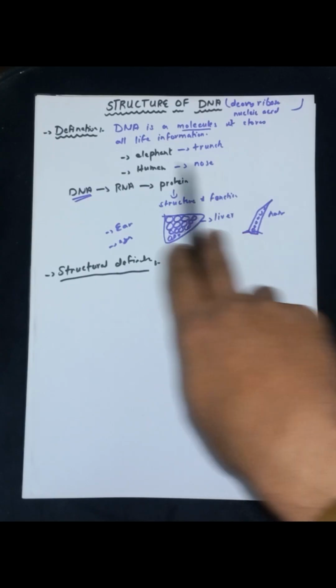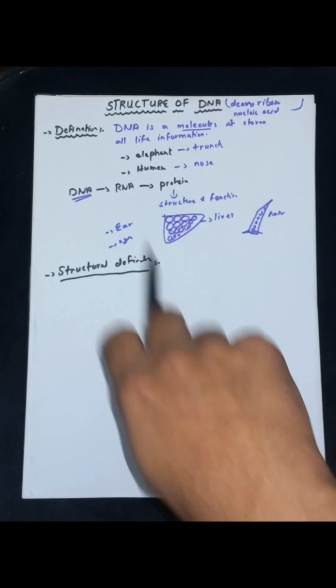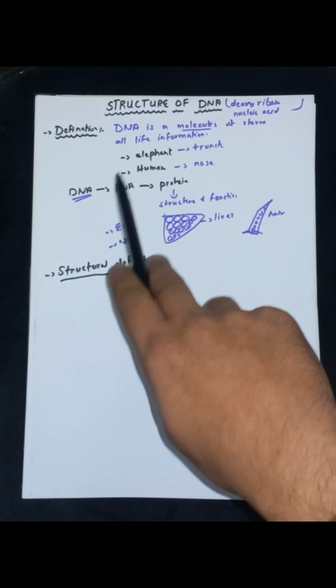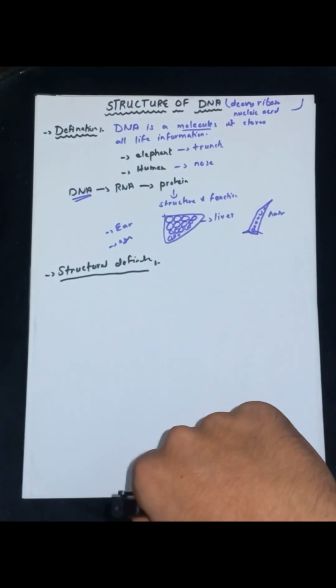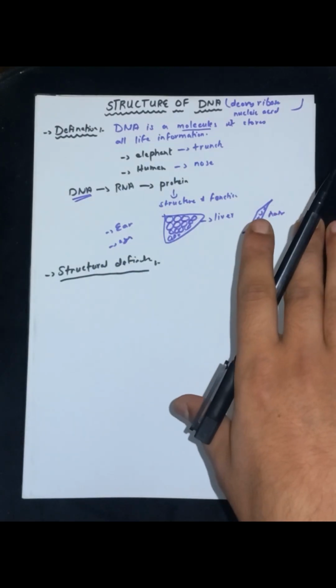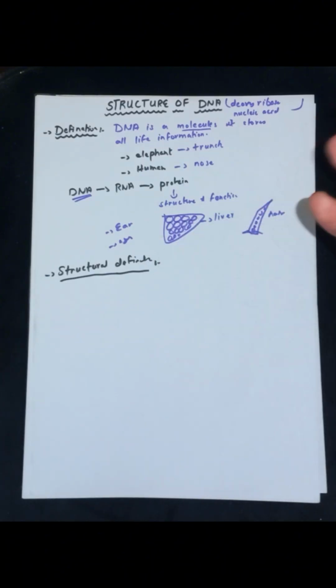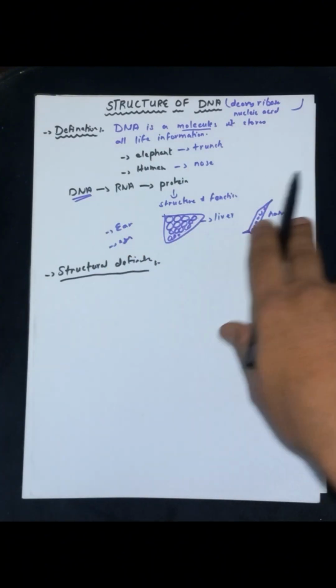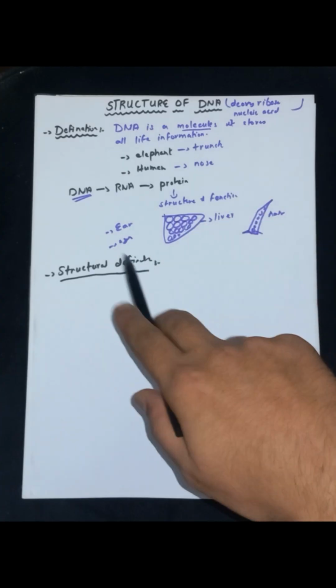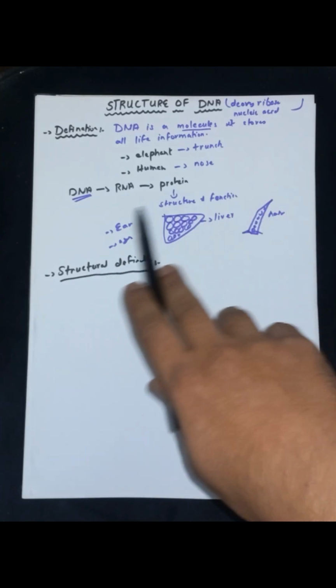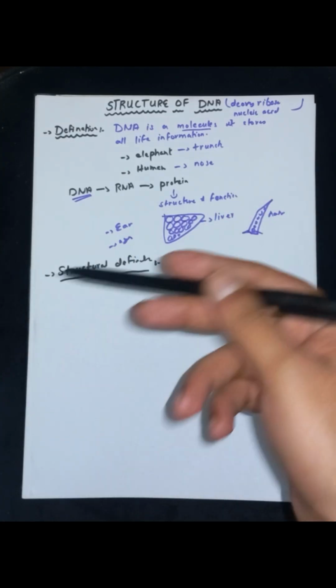The normal, functional definition was that DNA is a molecule which stores all life information. So DNA has all life information, but what is DNA? Like how does it look? We know it stores all information, and because of it we have different organs formed. But what is its structure?